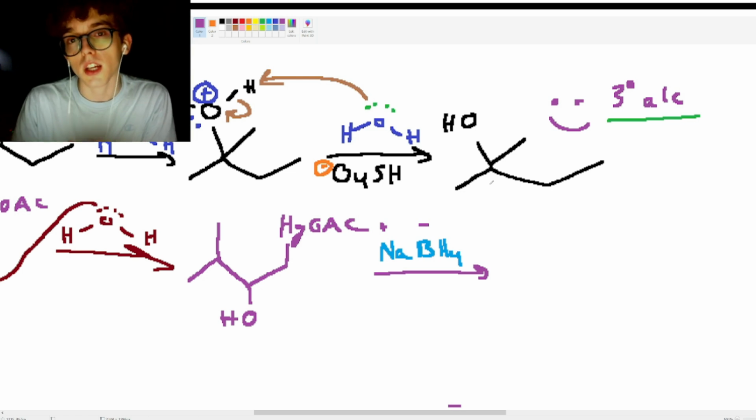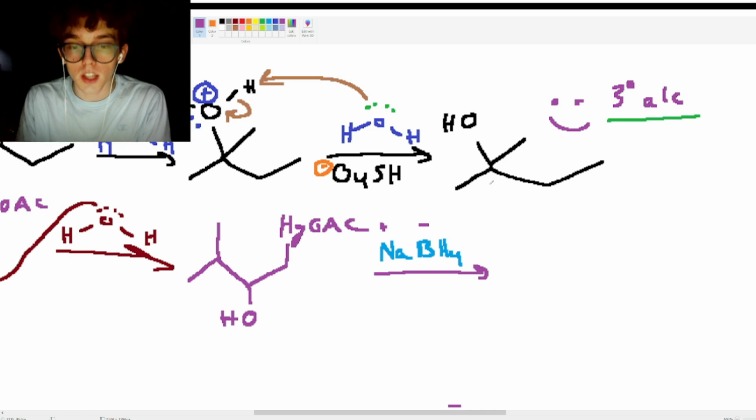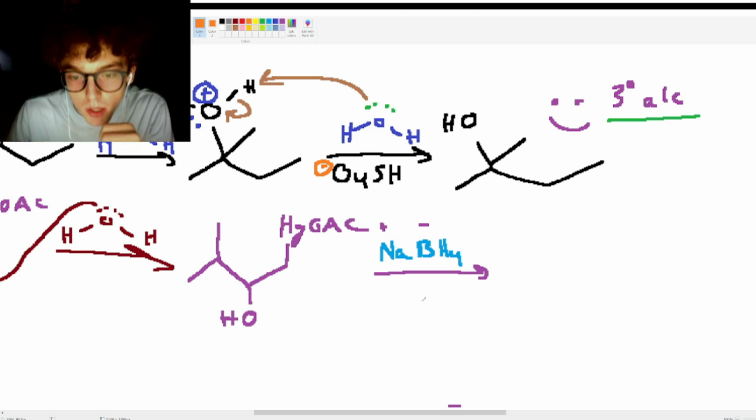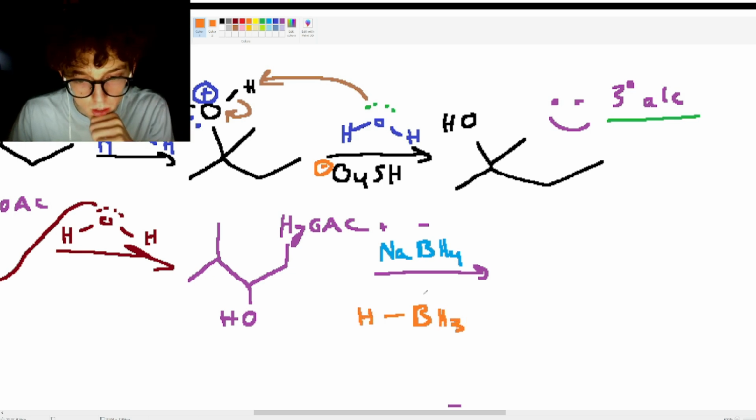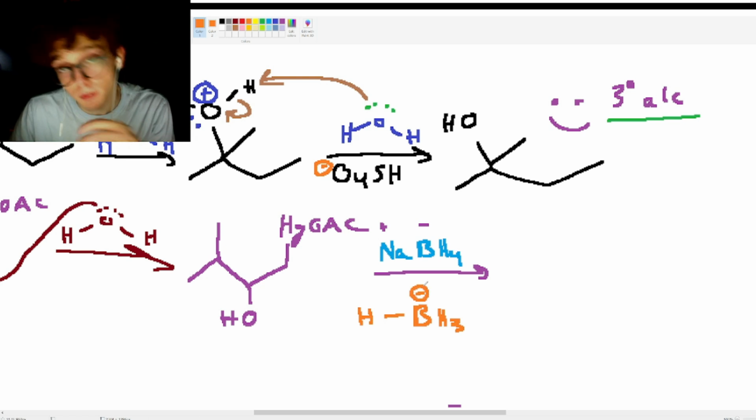It's called a reducing agent, and we'll see more when we get to ketone reduction, turning ketones into alcohols. We're going to see how this reagent is critical to doing that. But just to give you a little sneak peek here, we're going to extend one of the bonds here, and we're just going to have the BH3 here. Only one of the hydrogens matters. All right, and this has a negative charge, and we know that if we could go from a negative charge to a neutral charge, it's going to be a lot happier.